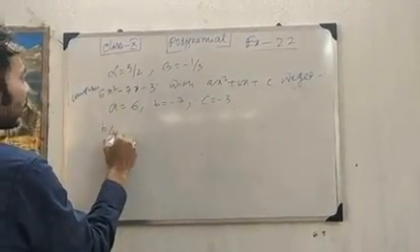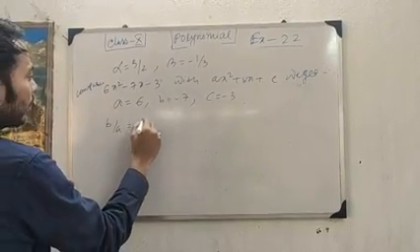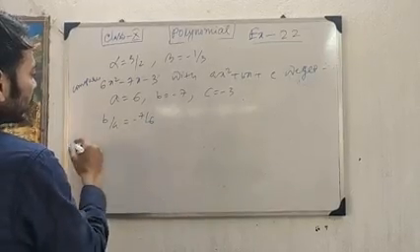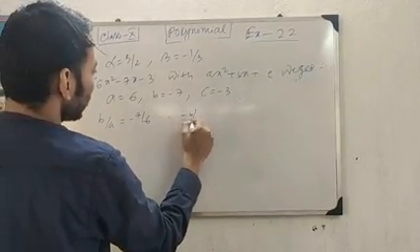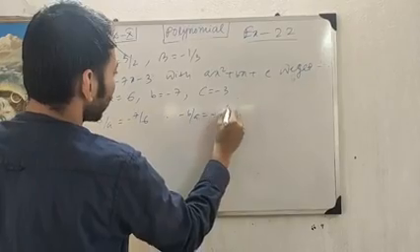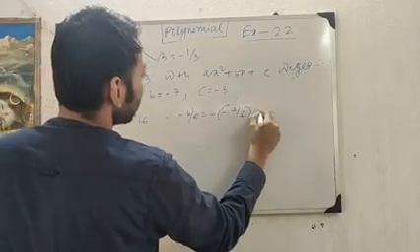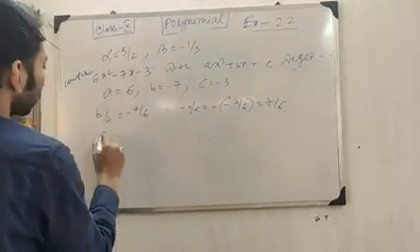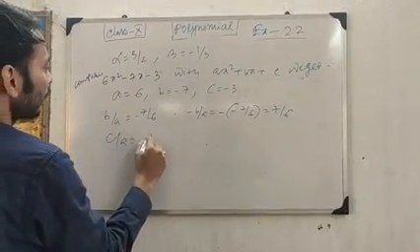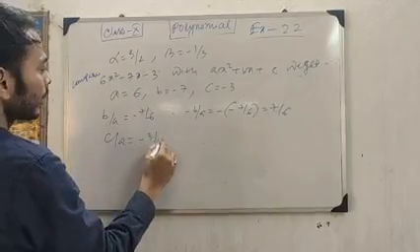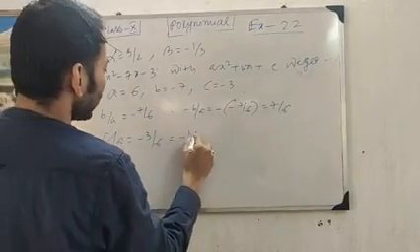Therefore b by a equals minus 7 by 6, and minus b by a equals minus of minus 7 by 6, that means 7 by 6, and c by a equals minus 3 by 6, that means minus half.